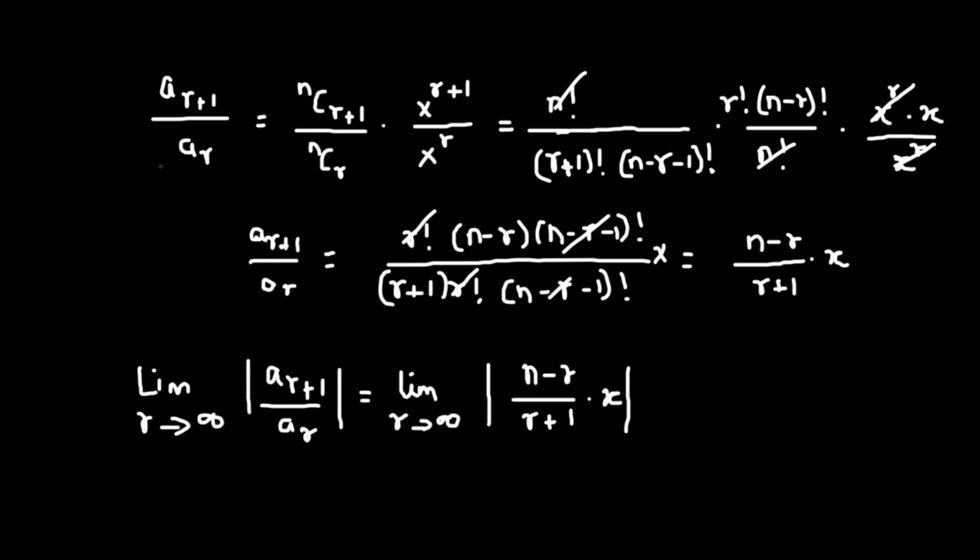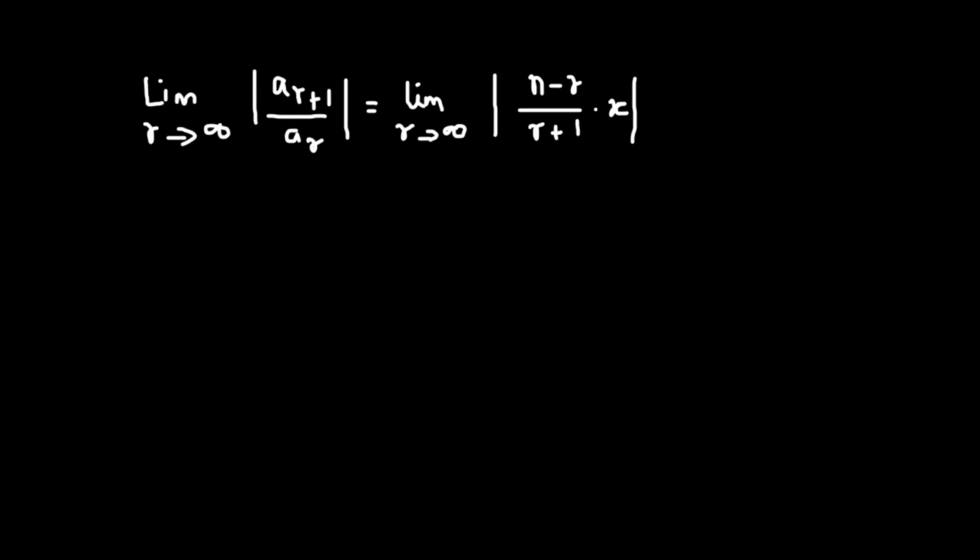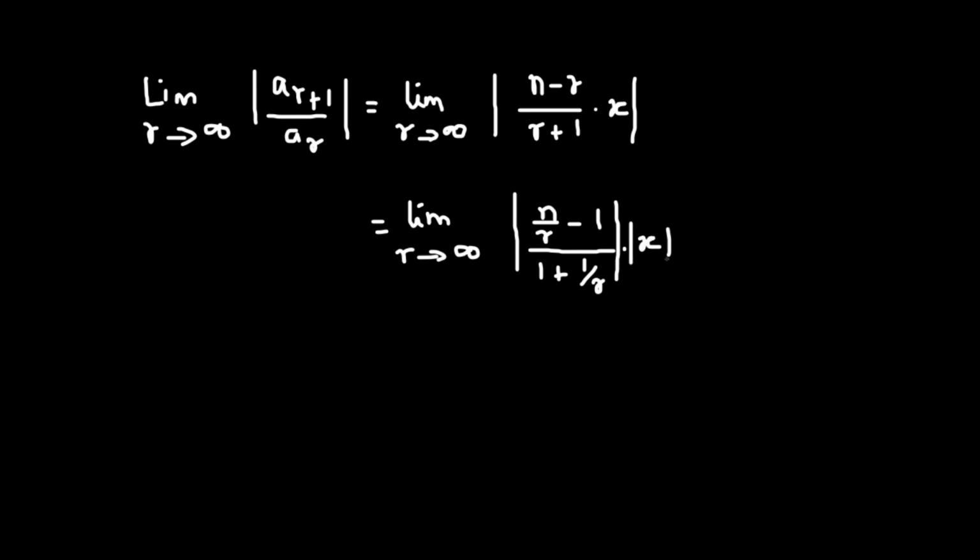So we're going to divide both the numerator and denominator by r. So we have the limit as r goes to infinity of (n over r minus 1) divided by (1 plus 1 over r) times x. So let's take the x out of it.